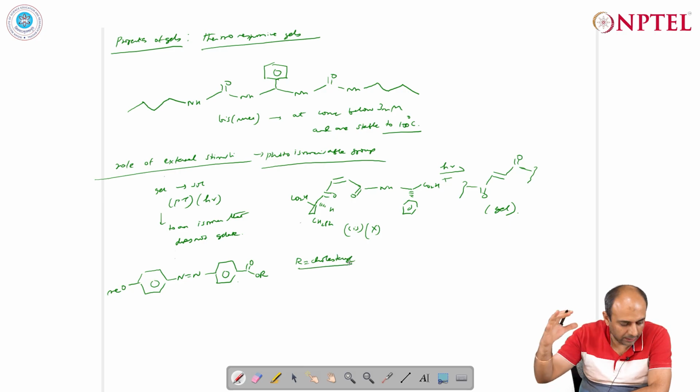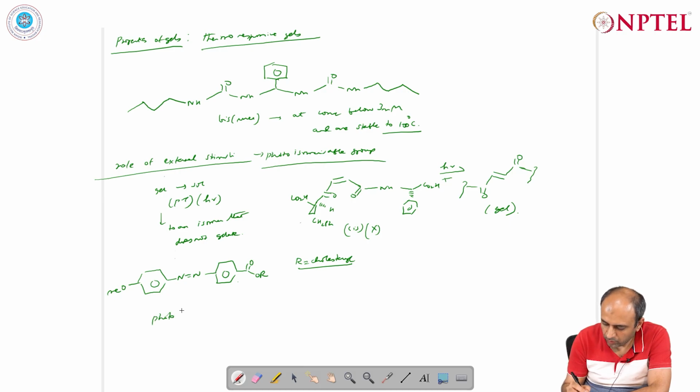It is a large bulky group, the cholesterol group, and this is a photo responsive gel, an N-butanol gel of R, which is the cholesterol derivative.